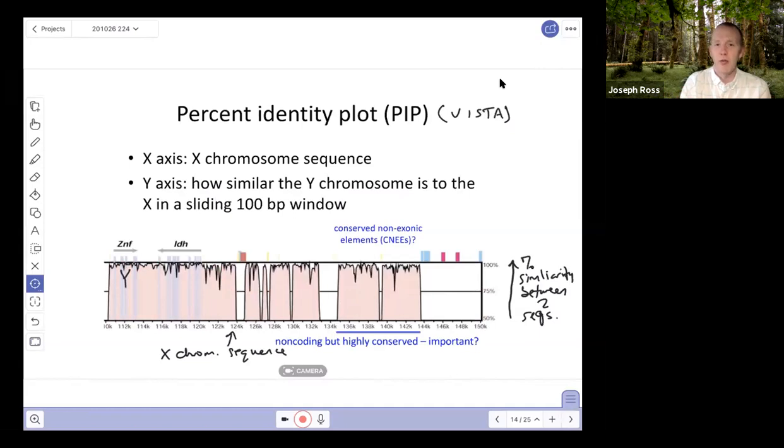And that's a lot of divergence. Remember, I just mentioned that two humans tend to be 99.9% similar. So if this was a comparison between not an X and a Y, but an X chromosome from one person and an X chromosome from another person, this line would be around 99.9%.